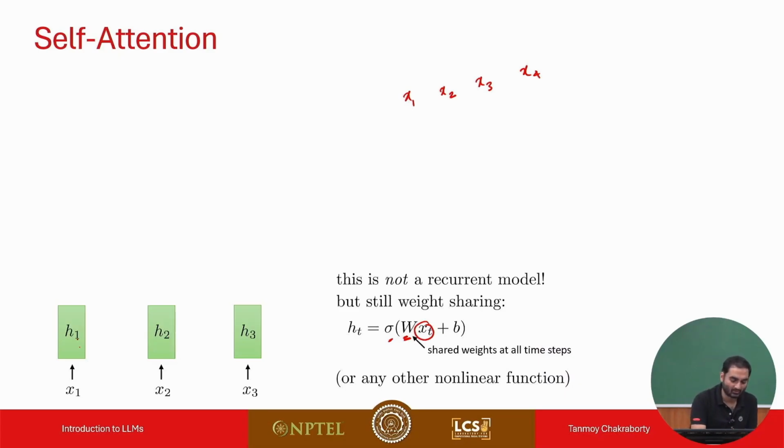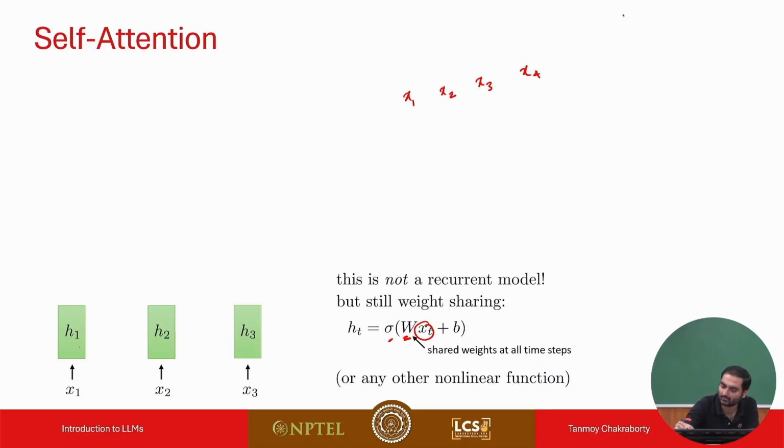Now from each of the hidden states, I will generate 3 vectors. One is called the query, the other is called the key, and the remaining is called the value. And how do we do that? Very simple idea.